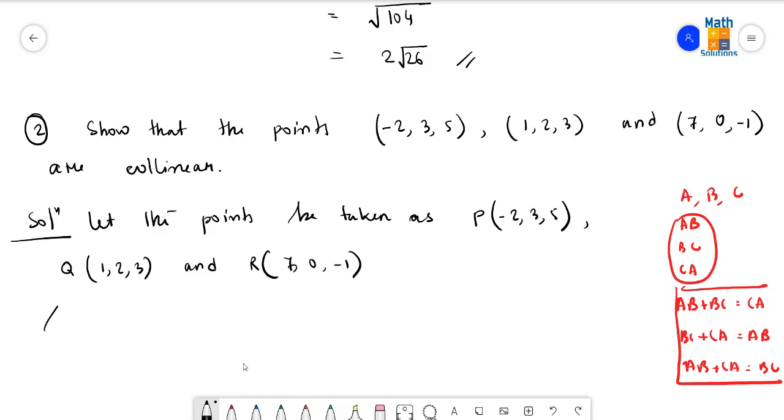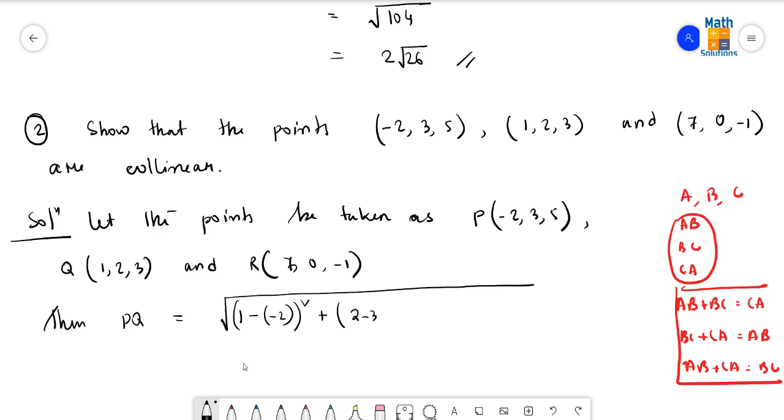Then PQ will be equal to square root of (1 minus -2) whole square plus (2 minus 3) whole square plus (3 minus 5) whole square.